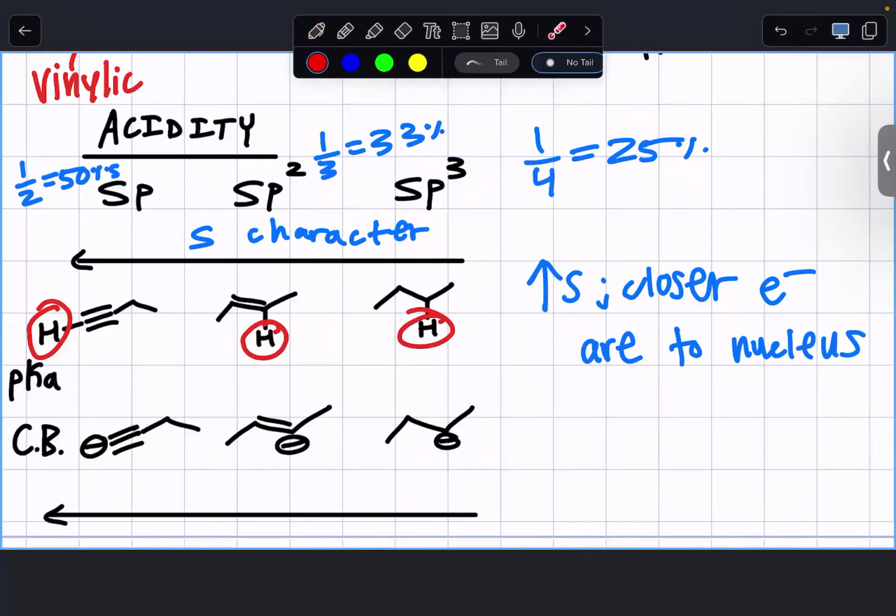And let's say they get deprotonated into these conjugate bases here. Which one of these conjugate bases do you think is the most stable? The one that is going to be closest to the positive charges. Right, because we know the nucleus is full of protons, which are positively charged. So which one of these negative charges is the most stable based on that?